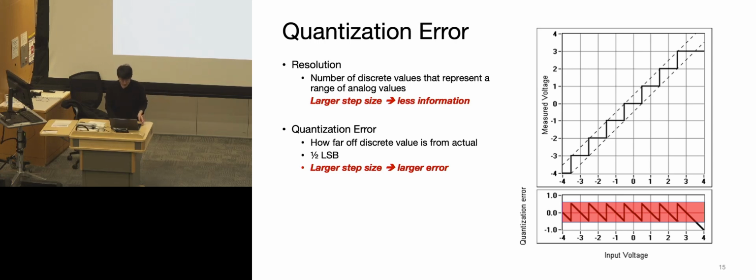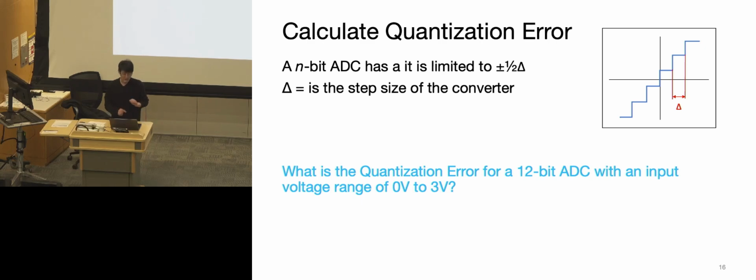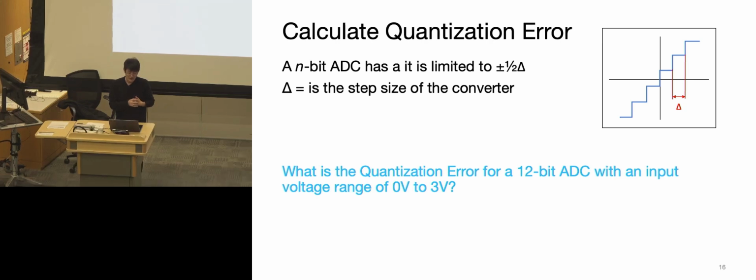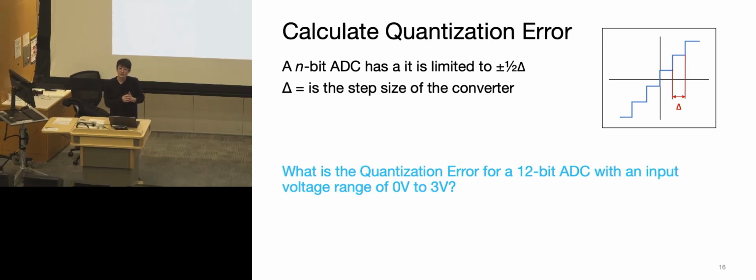And let me ask you to do a little calculation here. Given this system that we have, what's the quantization error for a 12-bit ADC with an input voltage range from 0 to 3 volts?